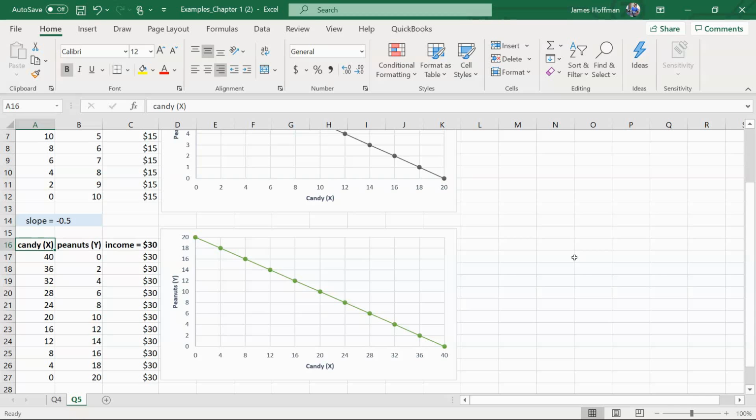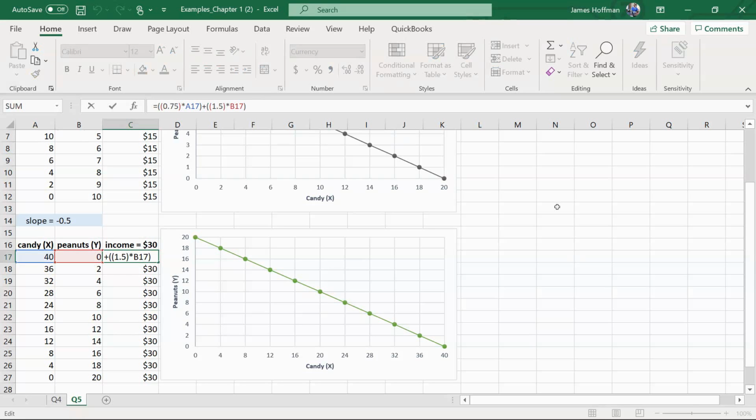All right, so I did that here, and again, the formula is the same and the equation is the same, except income is now 30, not 15. Okay, so if you bought all candy bars, you can buy 40 with no peanuts.